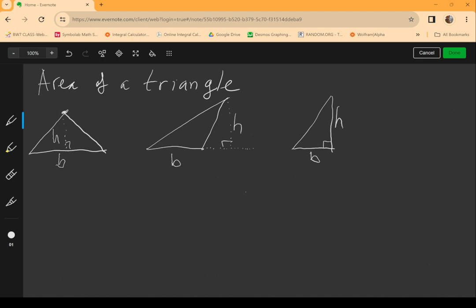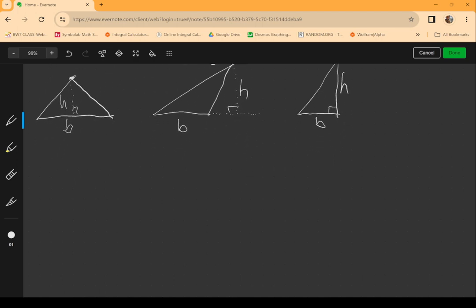All right, now if we just take a look at this first one here, we'll see our approach to finding the area formula. So if this is our triangle here with some height h, and some base b, right?